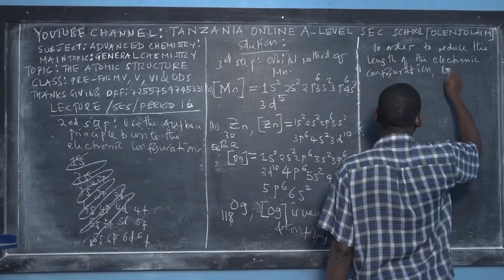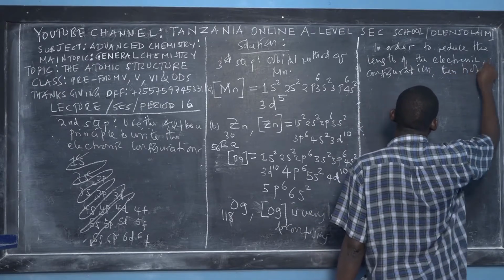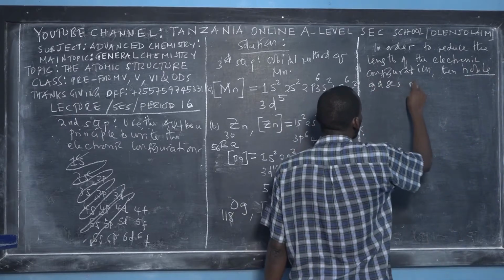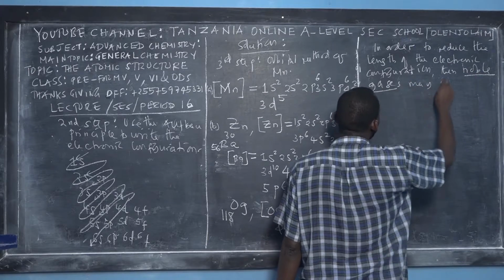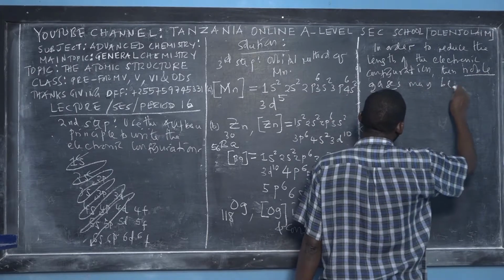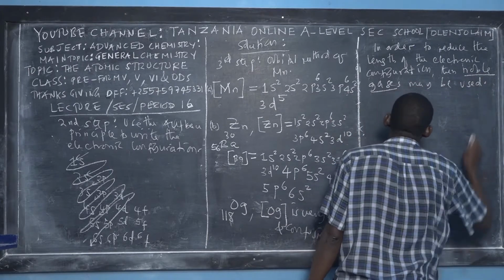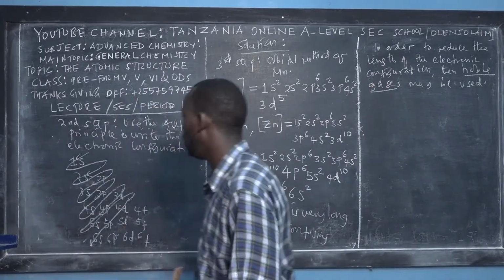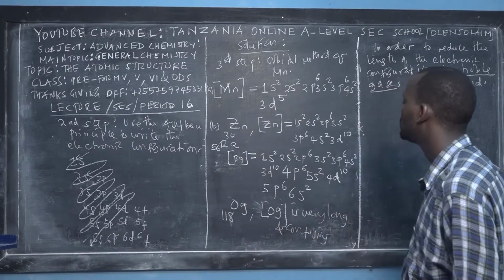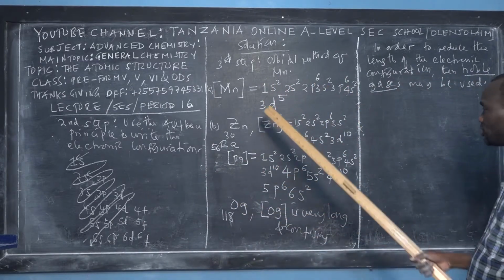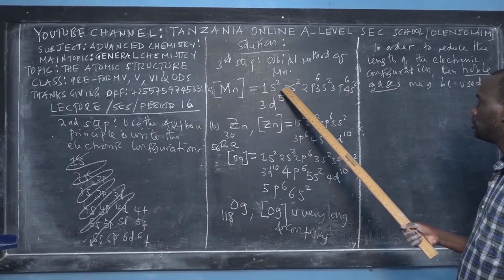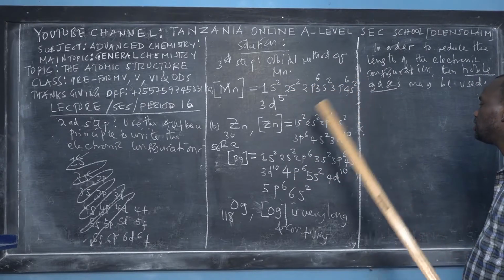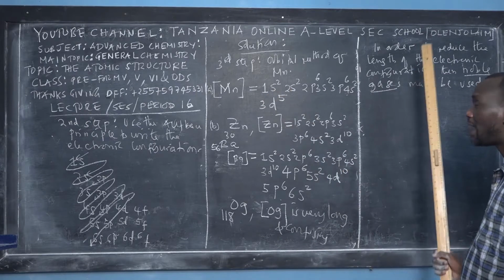noble gases may be used. For instance, in the case of manganese, here you have 2 plus 2 plus 6, which is 10, plus 6 plus 2 plus 2, this is 18. 18 represents argon.